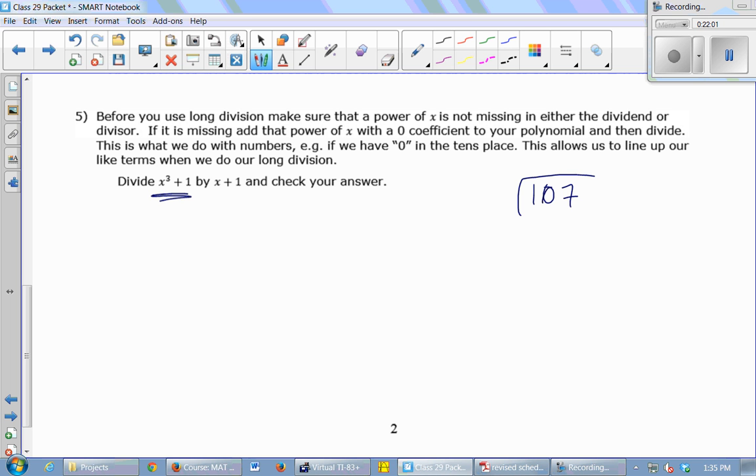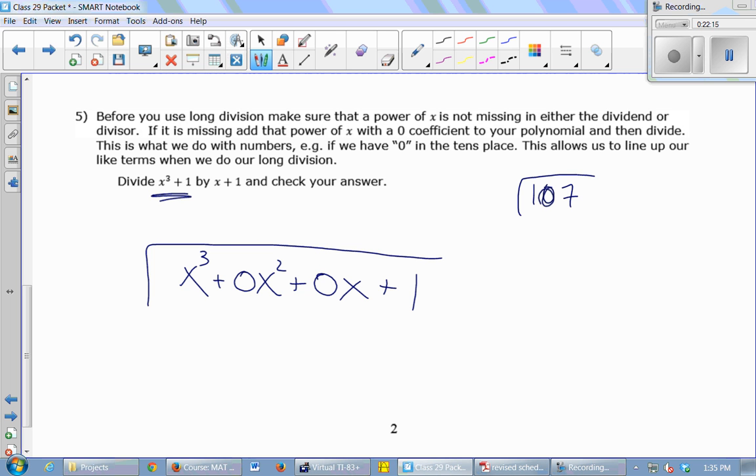We use a 0 placeholder to do the division algorithm. So when I have x cubed plus 1, I should write x cubed plus 0x squared plus 0x plus 1, and use those as placeholders. And then I'm going to divide that by x plus 1. And then the algorithm proceeds just like it did in the previous two examples.